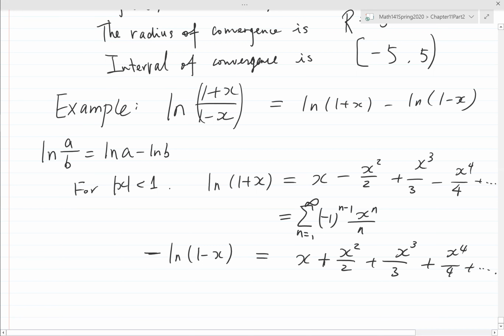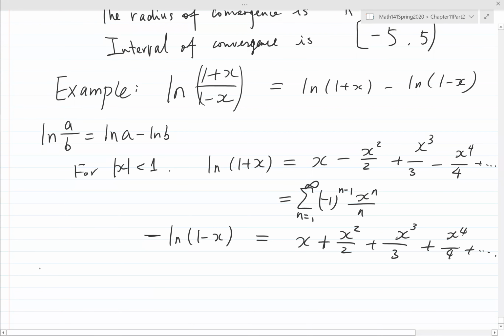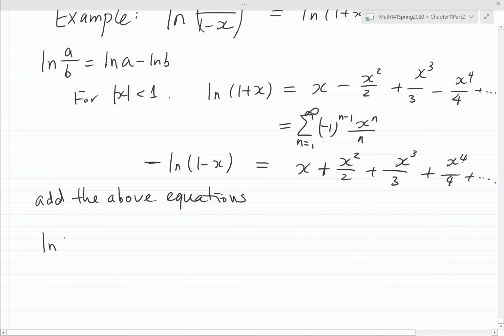Now we add the above equations. Then we get ln(1 plus x) minus ln(1 minus x). If we add the terms, the x terms just remain, and then x squared and negative x squared cancel out each other.